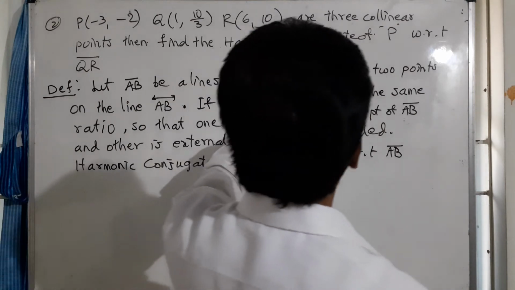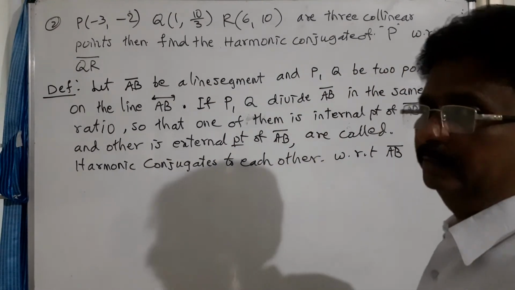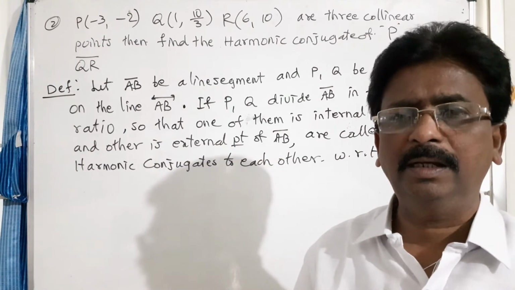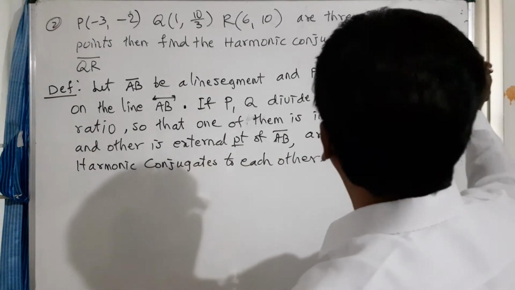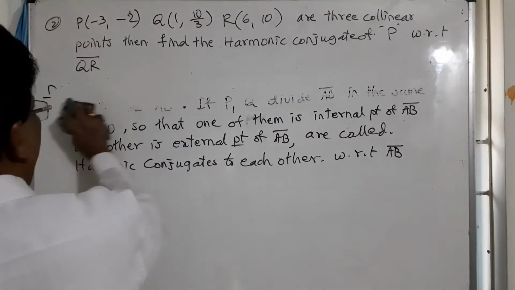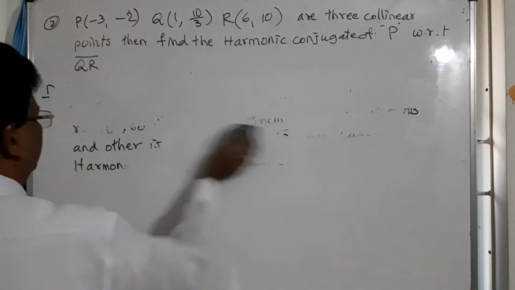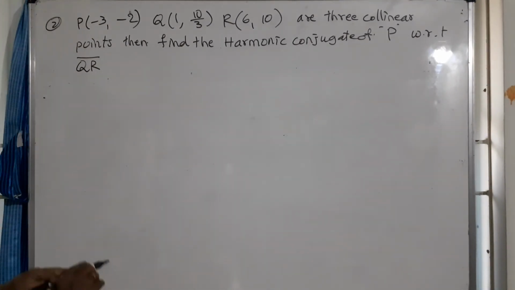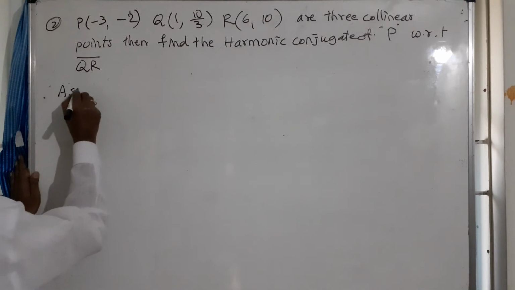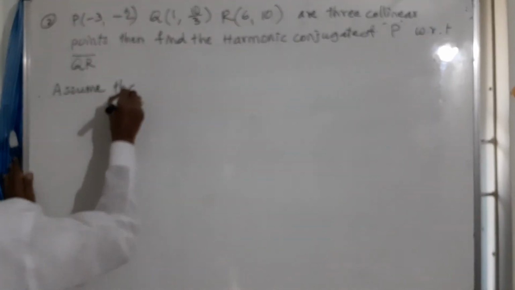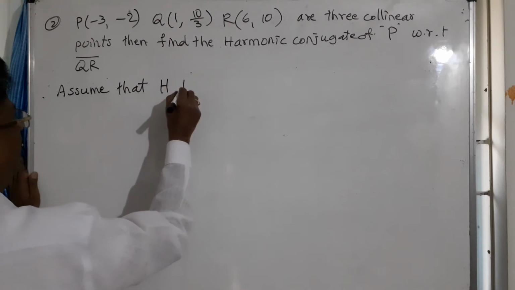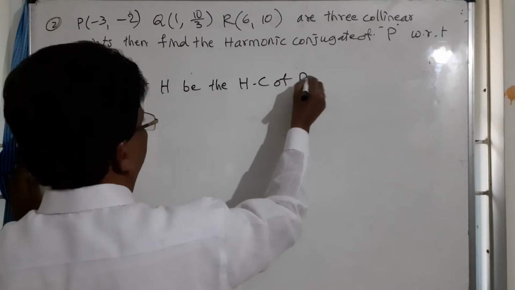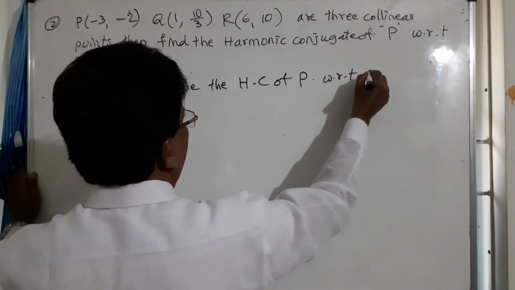We want the harmonic conjugate of P. Let us assume that the harmonic conjugate of P is H. Assume that H is the harmonic conjugate of P with respect to the line QR.